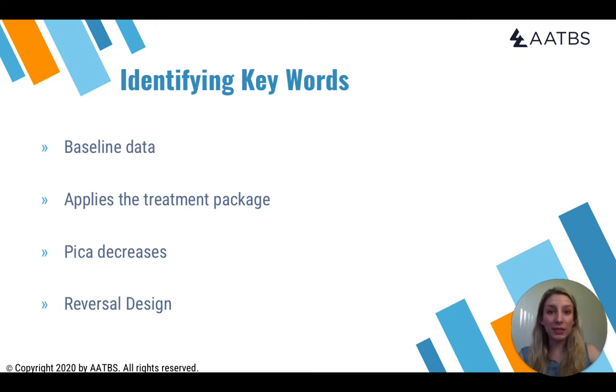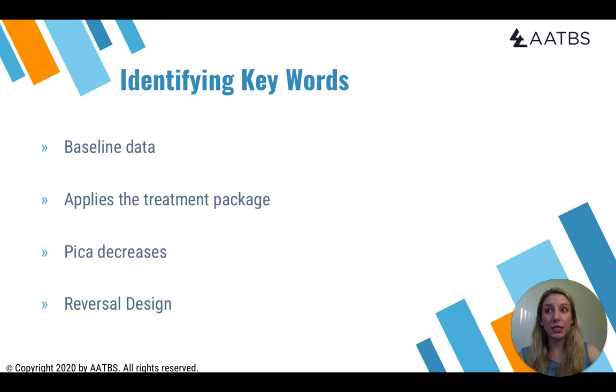Starting with baseline data. Baseline data lets the reader know that data has been initially collected on the pica behavior prior to any experimental evaluations being implemented. The reader is provided the rate across baseline of responding. Applies the treatment package tells us that the BCBA has changed conditions and applied the independent variable to the dependent variable.